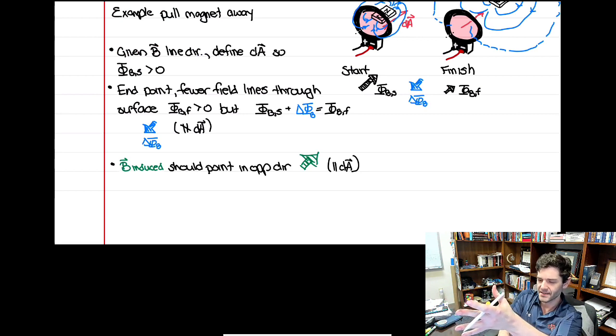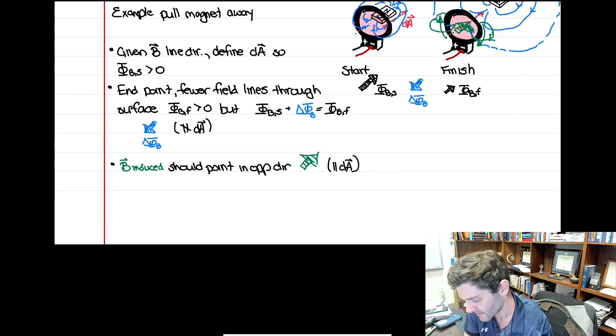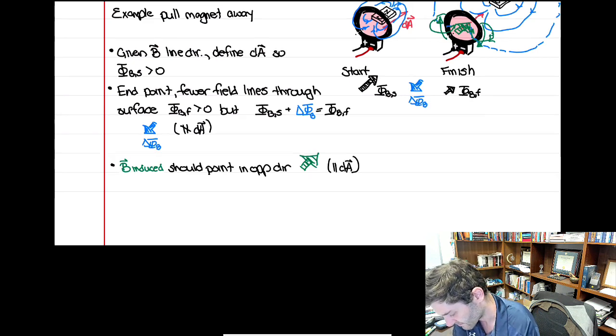So wanting the good old days, it's going to create a current that's going to try to restore the flux to its glory days. So it's going to want to induce a magnetic field that points in that direction. You can get that if you have a current that goes in this kind of clockwise direction. Because then the field lines loop around, something like that. And by the right-hand rule, it kind of loops out on the outside and then in on the inside. And that goes to reinforce and restore the field.